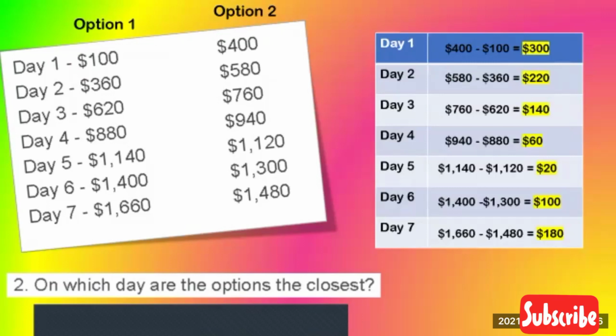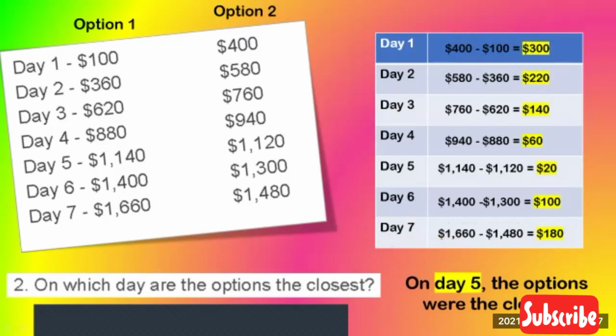On day 4, it is $60. Day 5, $20. Day 6, $100. And day 7, $180. Therefore, if you look at day 5, you'd realize that is the smallest difference. And so day 5 is the day where the options became the closest.